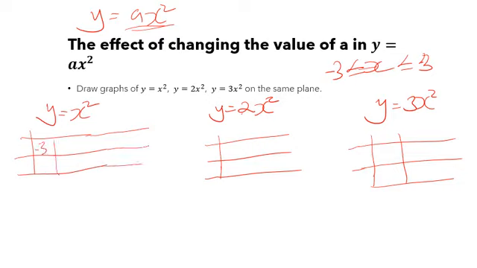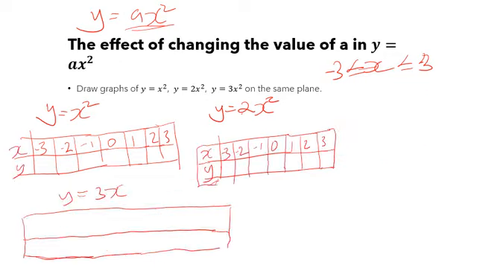So we have -3, -2, -1, 0, 1, 2, and 3. Let me arrange this: x, and this is y. We have -3, -2, -1, 0, 1, 2, 3.